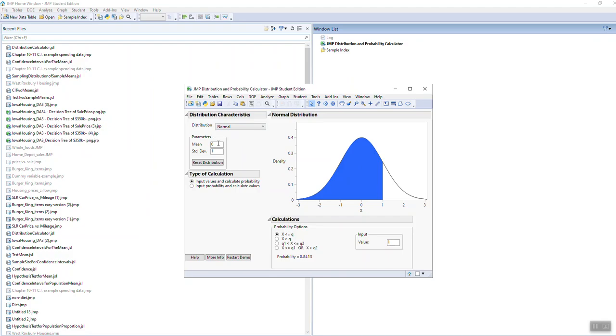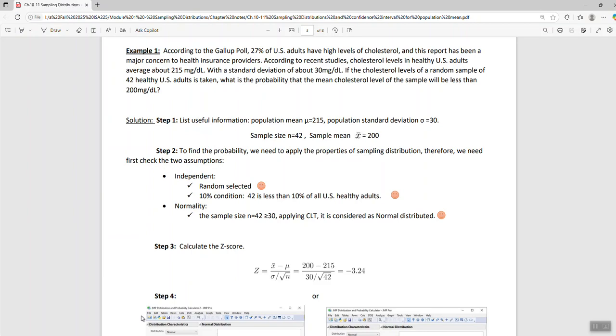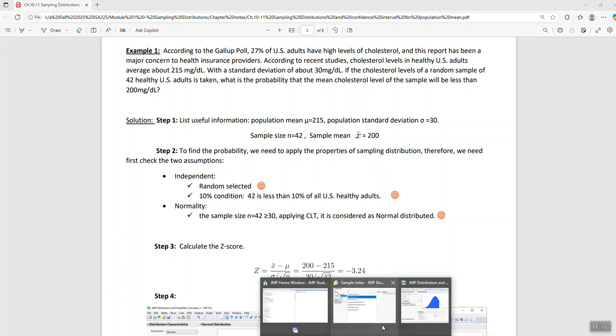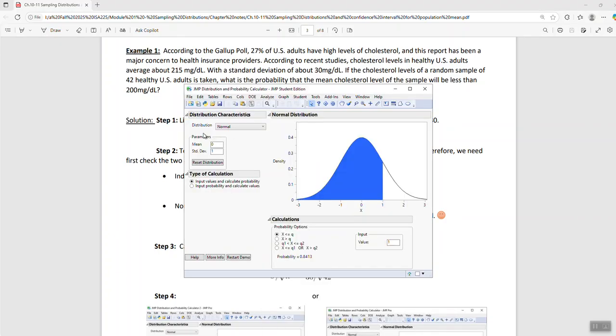By default, we have the mean 0 and standard deviation 1, which is called the standardized normal distribution. In this case, we have already calculated the z value, which is from the standard normal distribution, so we will just use this standardized normal distribution.